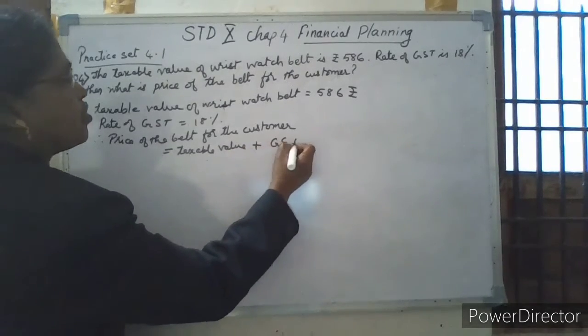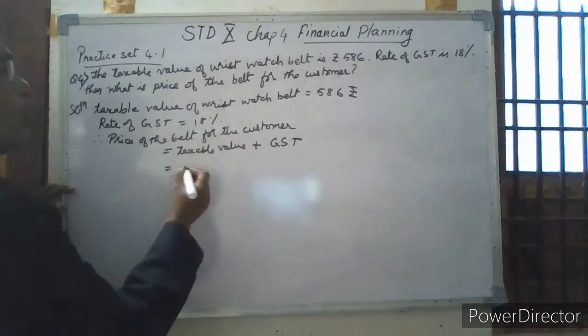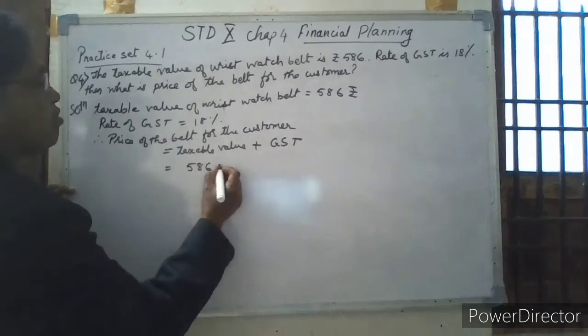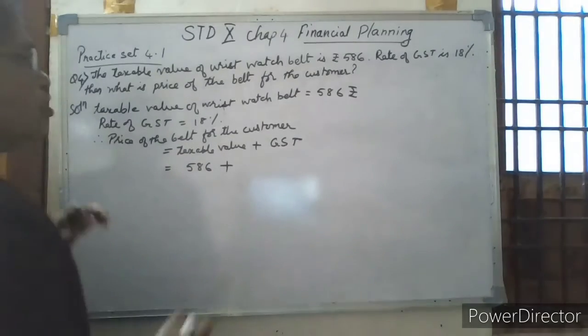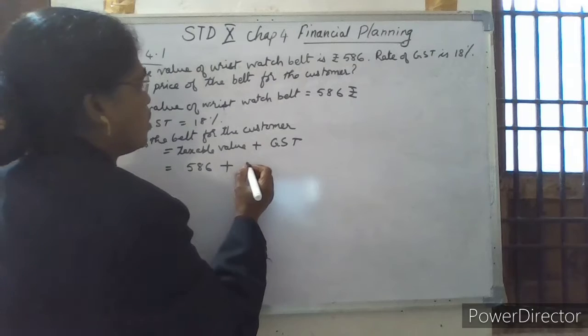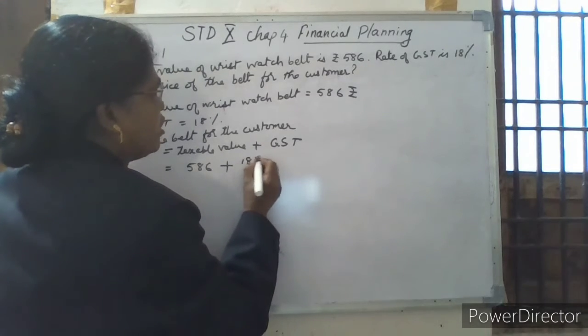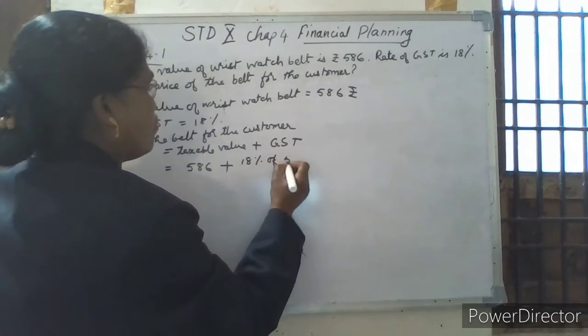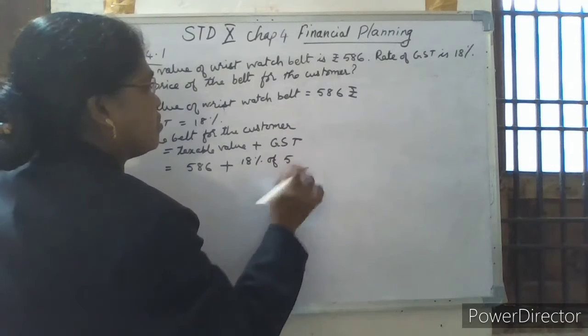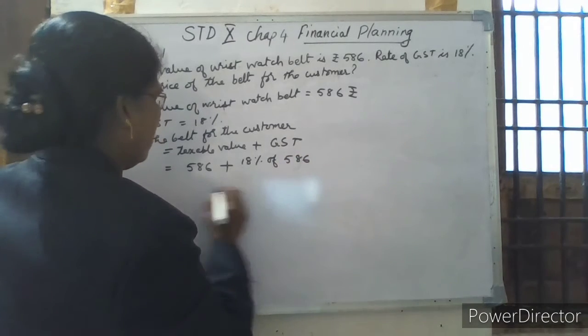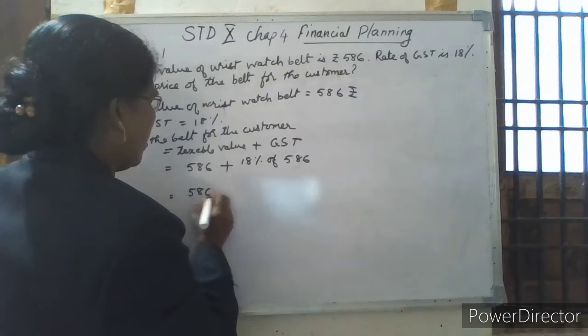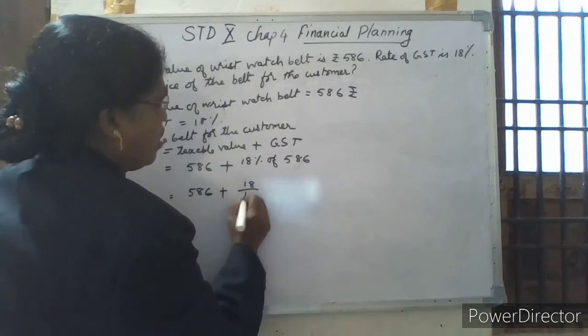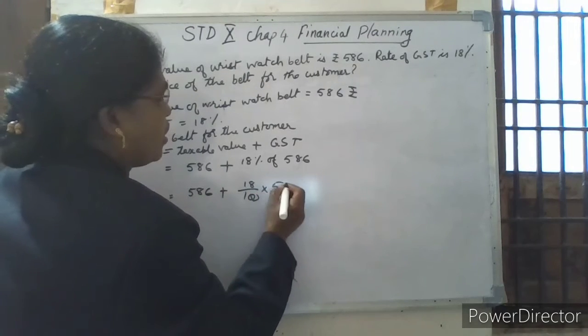So the taxable value we already know, it is 586. Let us find out the GST. So GST on the taxable value, that is GST is equal to how much? 18% of 586. So this will be equal to 586 plus 18 by 100 into 586. The 2's we can cancel.